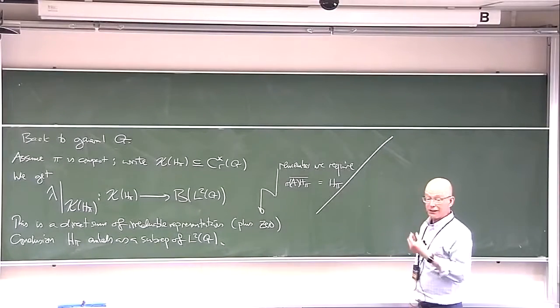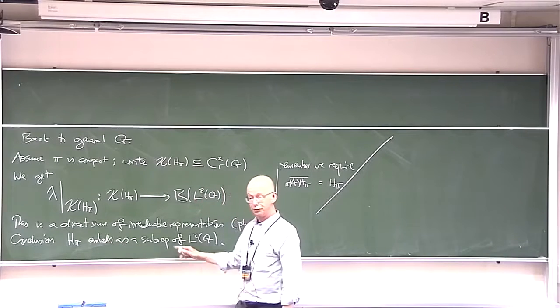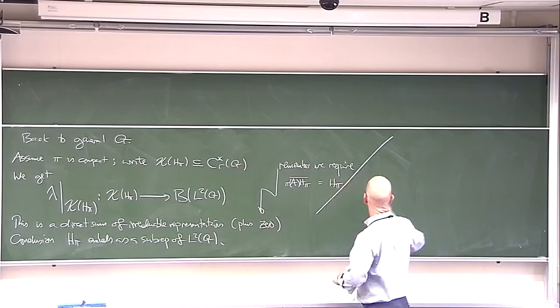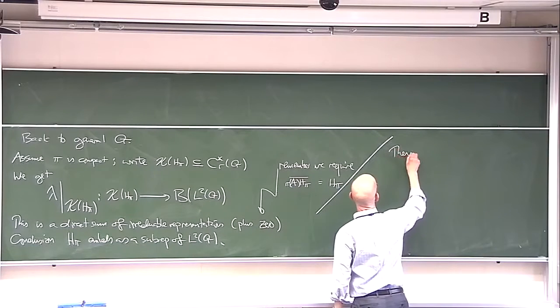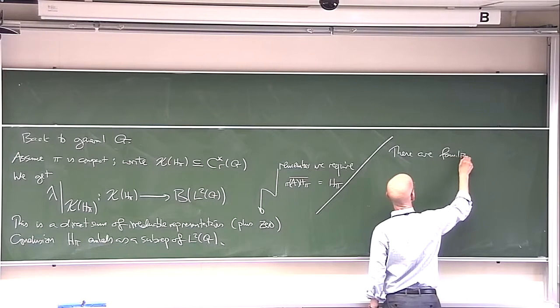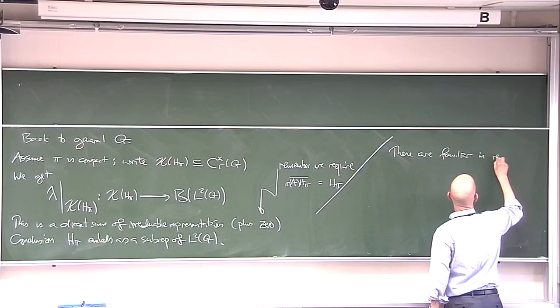All right. A lot is known about irreducible representations which embed as subrepresentations of L2 of G. These are very familiar in representation theory.